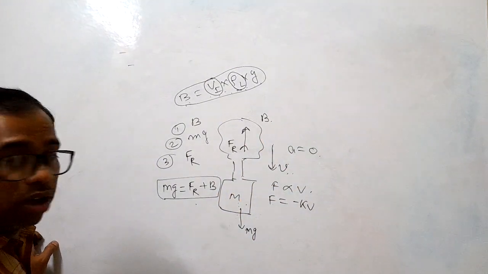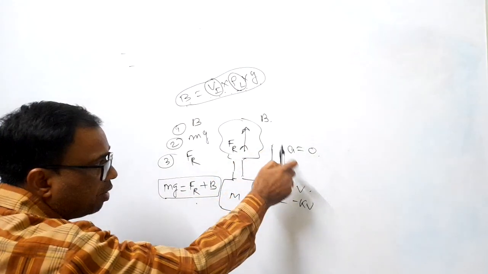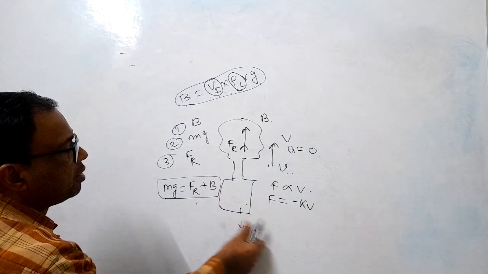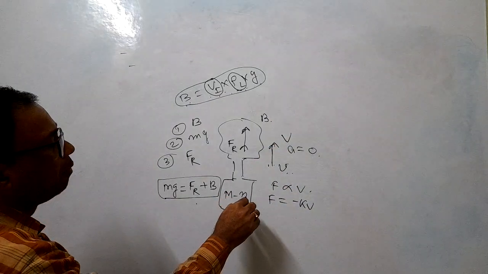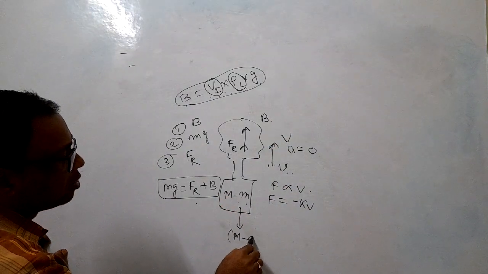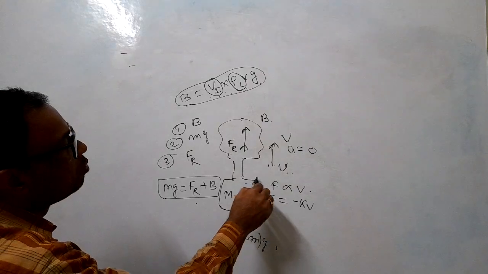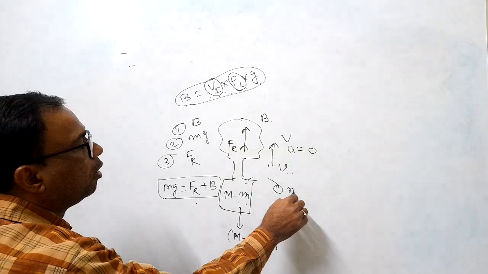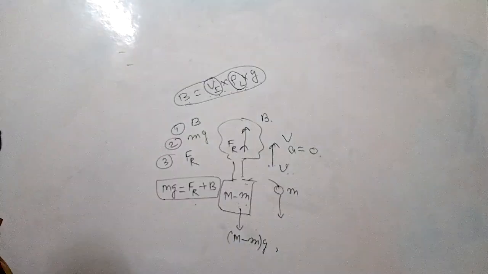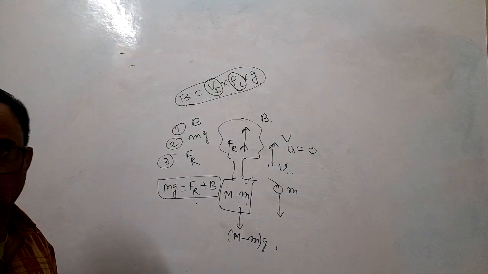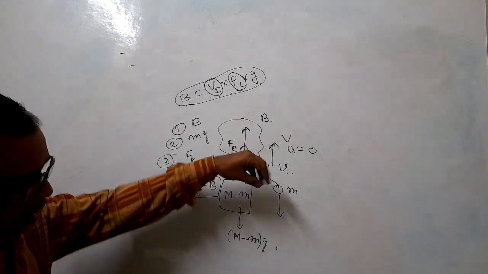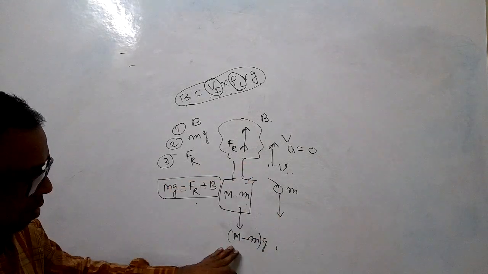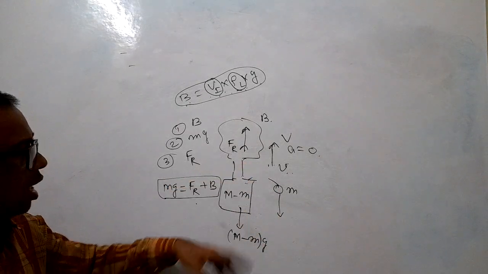Let the velocity be the same v when the mass decreases to M minus m. So now (M minus m) into g, because you just release this mass from the balloon without giving any velocity. So the mass decreases, so (M minus m) into g is now the downward force.